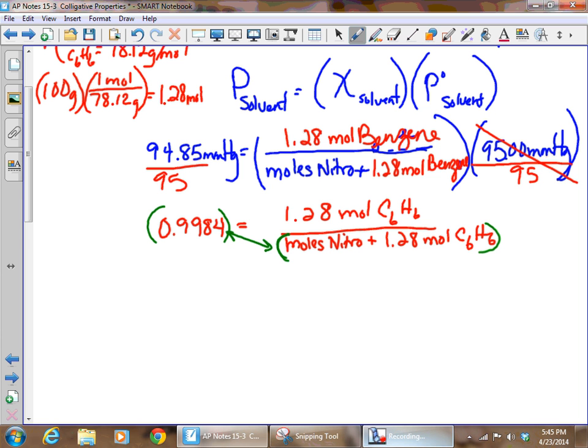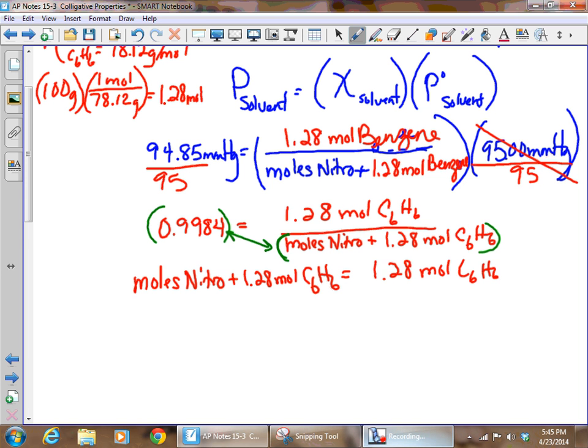And so on the opposite side of the equation, I can do that and get moles nitro plus 1.28 moles of C6H6 is equal to 1.28 moles of C6H6 divided by 0.9984.